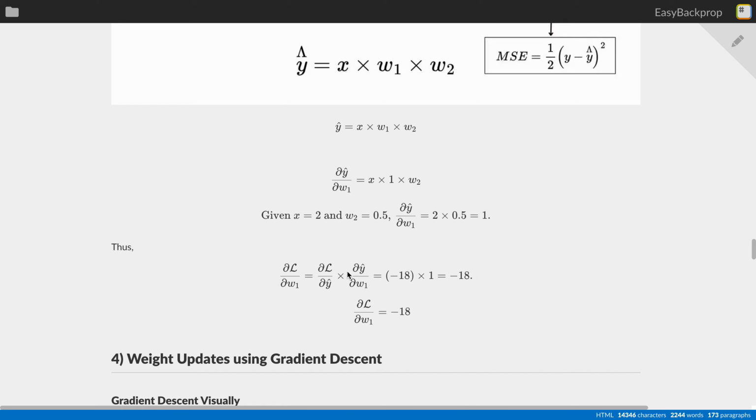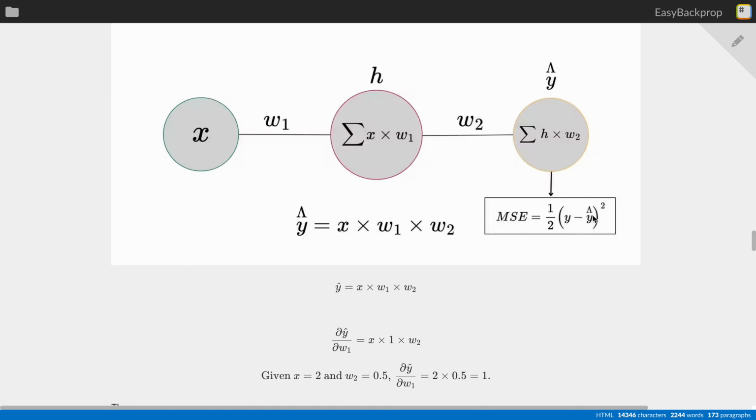So essentially this is going to tell us how a small change in w1 affects the final loss. And again, the same thing here connects the partial derivatives, right? Because we first have to figure out how a small change in y hat affects the final loss. And then we say, okay, well, we already implemented w2, but now we're implementing w1. So now we've basically implemented how a small change in w1 will affect not only y hat, but also the final loss.